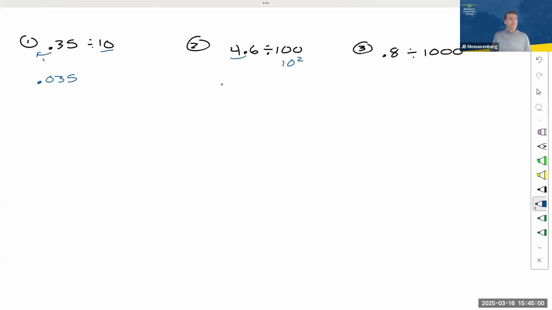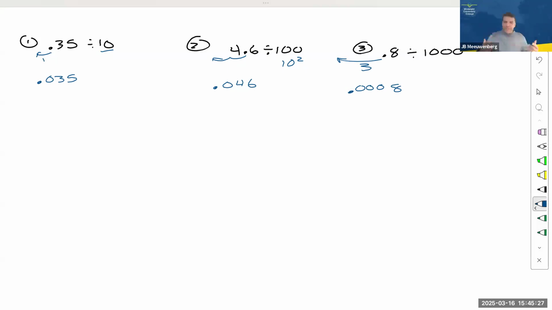So we'll move our decimal point 2 spots back to the left. 0.046. 4 and 6 tenths changes to 46 thousandths. 8 tenths divided by 1,000 is going to move our decimal point 3 spots back to the left. So we will have 0.0008, which is 8 ten-thousandths.